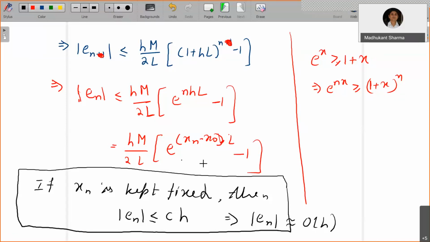We don't want to evaluate the first order derivative, second order derivative. We don't want to get into it, and it should also have higher order convergence. So that's our next goal, which we are going to do in the next session.